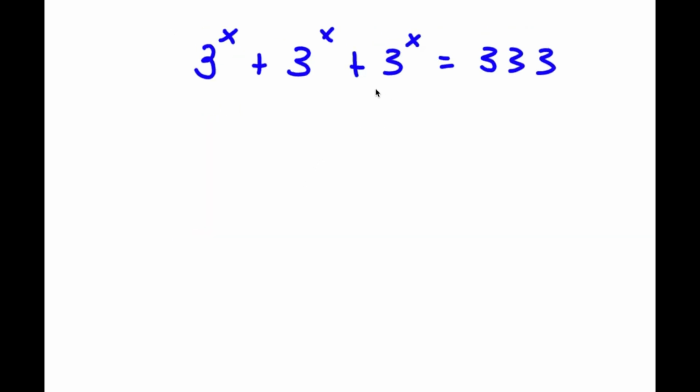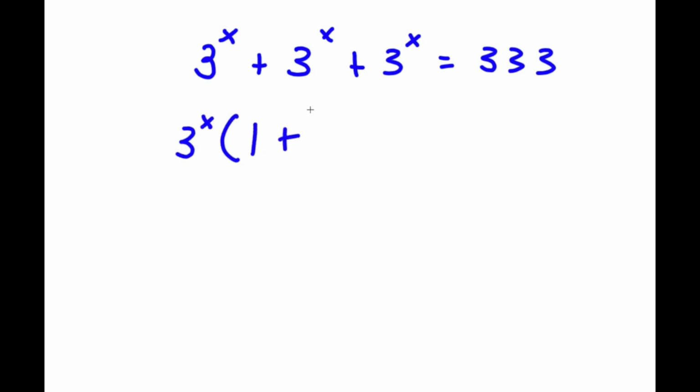Alright guys, in this problem, I have 3 to the power of x plus 3 to the power of x plus 3 to the power of x is equal to 333. So to solve this, what I'm first going to do is factor out 3 to the power of x from my left-hand side. So now I have 3 to the power of x times, now 3 to the power of x divided by 3 to the power of x, that's simply 1.